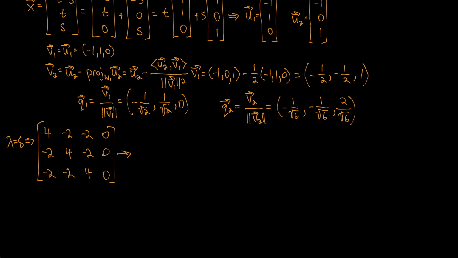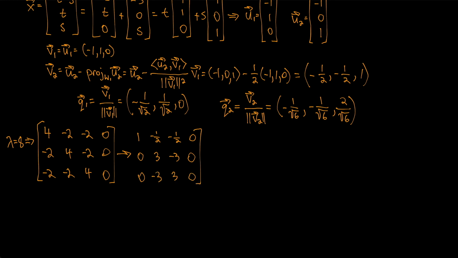Okay, reducing this, we divide the first row by 4, we get 1, minus half, 0. Then we add 2 of those to the second and third rows to get 0, 3, minus 3, 0, 0, minus 3, 3, 0.